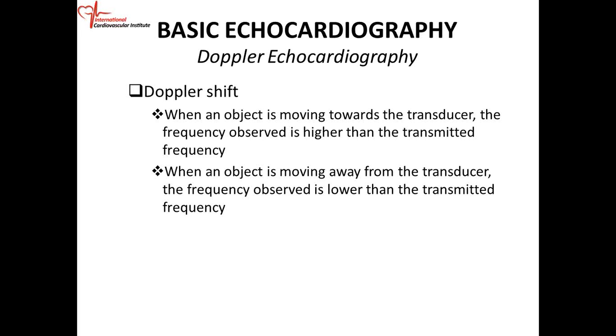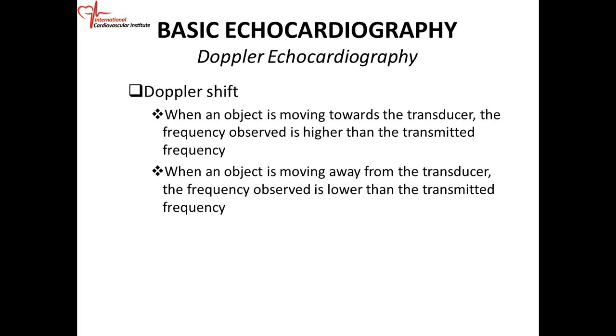Then the perceived frequency is going to be higher. The frequency that the transducer is producing is the same, but because the source of the sound is moving towards the transducer, which is like the observer, the frequency observed is higher than the transmitted frequency.